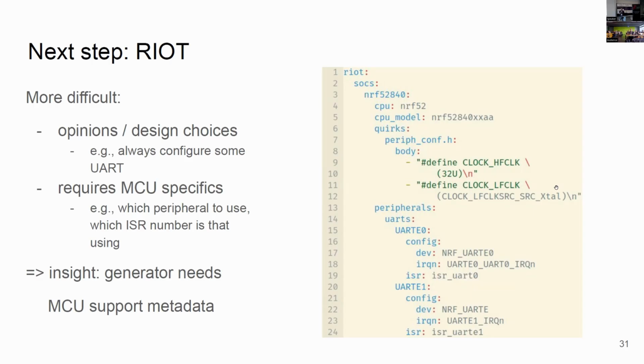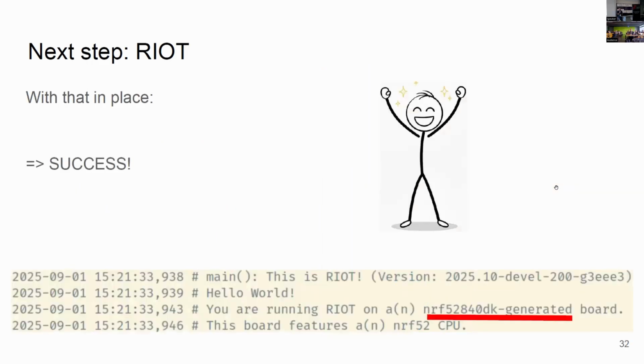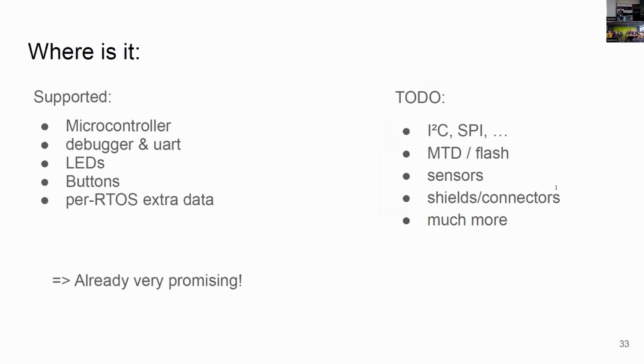So I need to find a way to feed this kind of metadata into the generator. But yeah, with that in place, I could actually generate a board from the YAML description and boot it, and it worked.